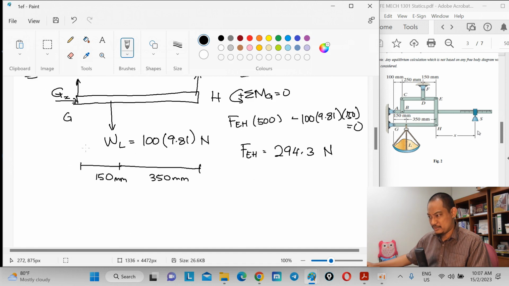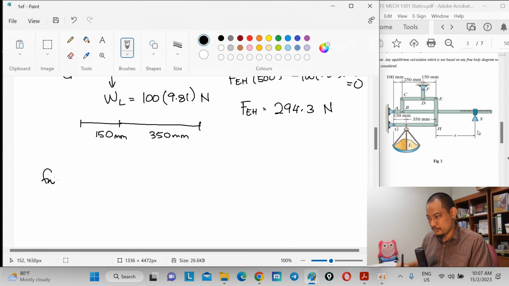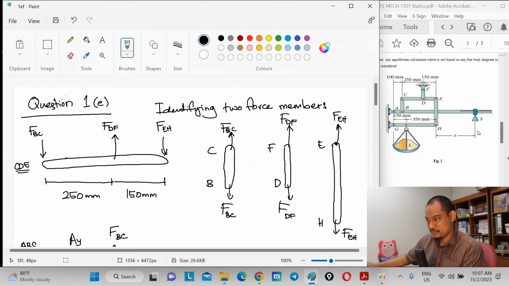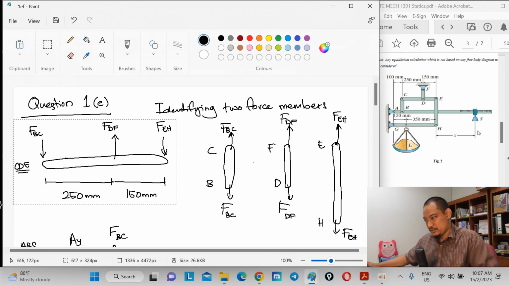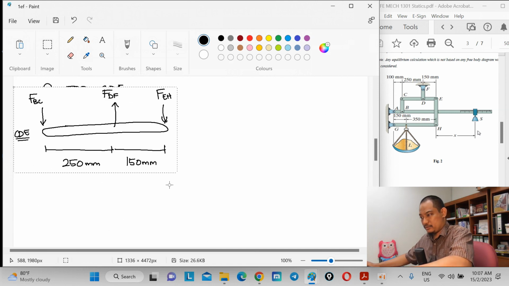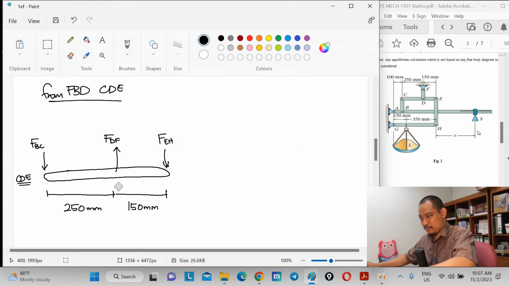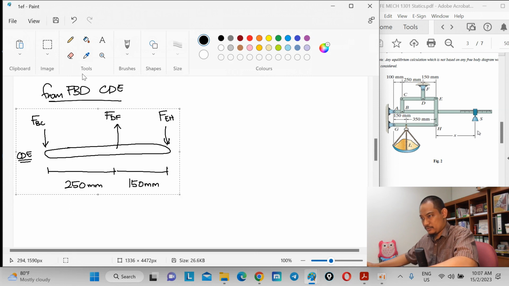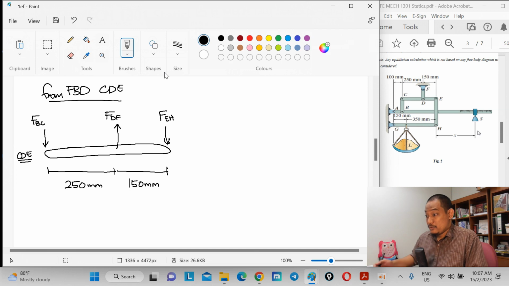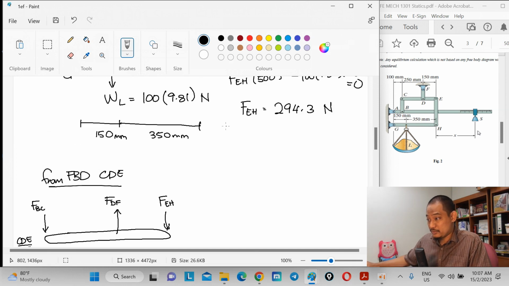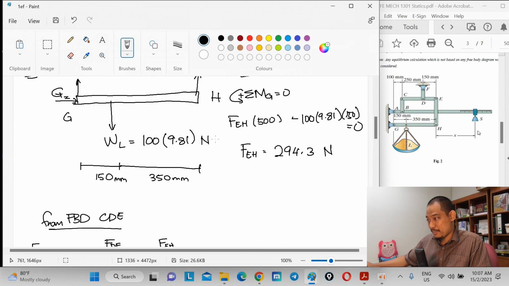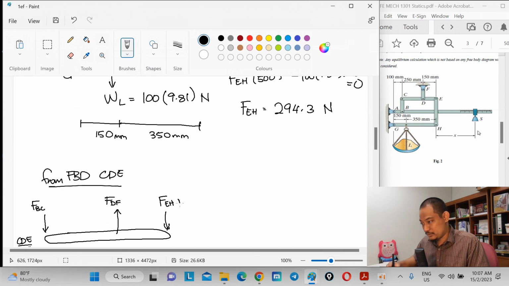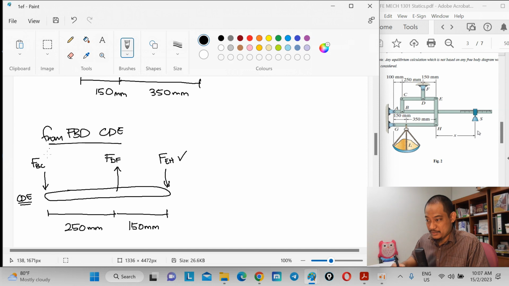Free body diagram CDE. So from free body diagram CDE, just to make it easier for me to process this, I'll just put it somewhere here. Okay, so FEH now is known, right? So this one is known. We want to find FBC, right?